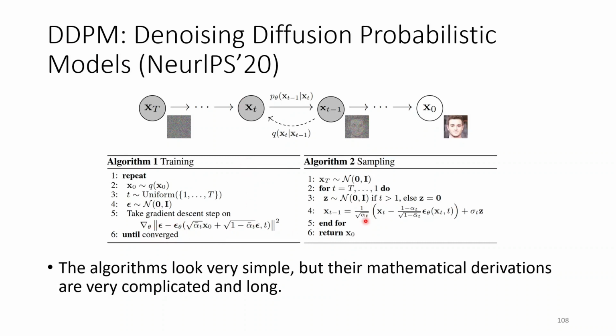When you train on the image, you learn the alpha parameter, and then you just use the learned alpha to reconstruct it. The equation looks very simple, but the mathematical derivation is very long. If you download the paper from GitHub, you can see.